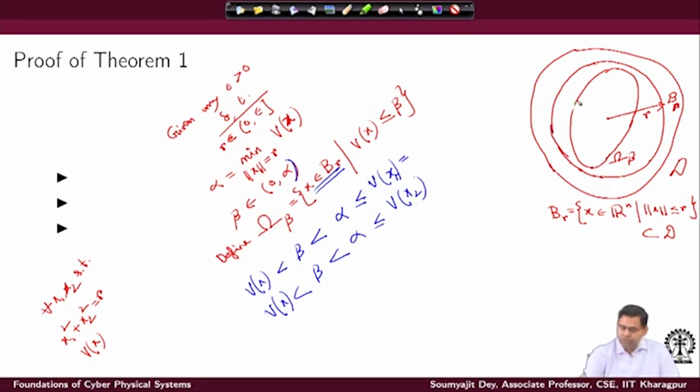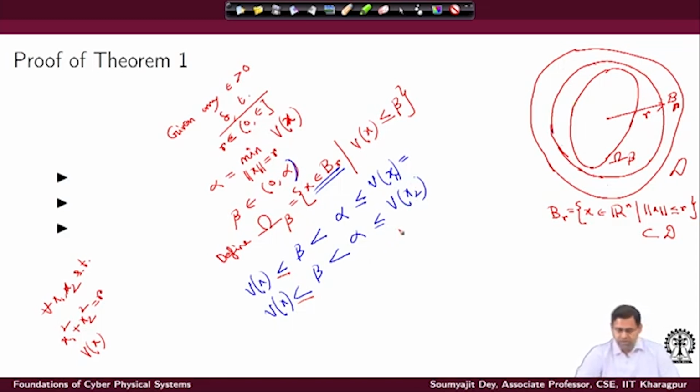So, omega beta is actually inside Br, because by our definition we are looking for all those points for which Vx is less than beta. In case omega beta was touching Br, then I would have points for which the value is greater than or equal to alpha. But by definition omega beta is only going to contain points where the value of Vx is less than or equal to beta, and beta is strictly less than alpha. So, this thing will not be satisfied.